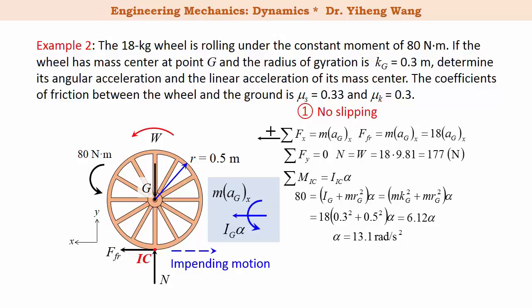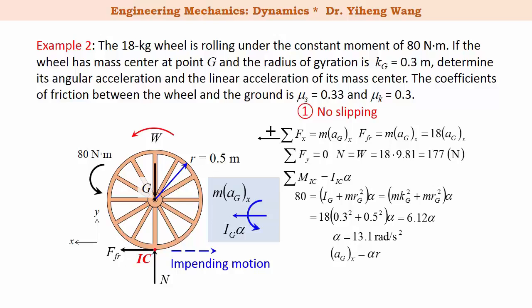Now, if you recall, we discussed an example before of a rolling wheel, and when slipping does not occur, we draw the conclusion that the linear acceleration of its mass center simply equals alpha times r, the radius of this wheel.